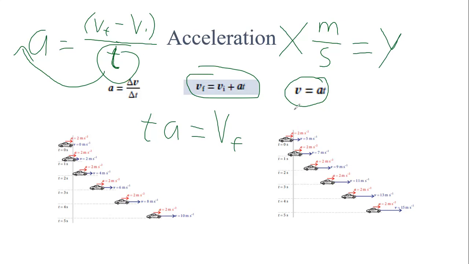We have acceleration, y, and acceleration is meters per second squared. And then we're going to say that's multiplied by some unit of time. So we'll say z.